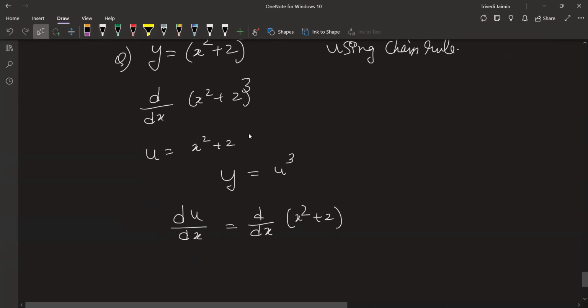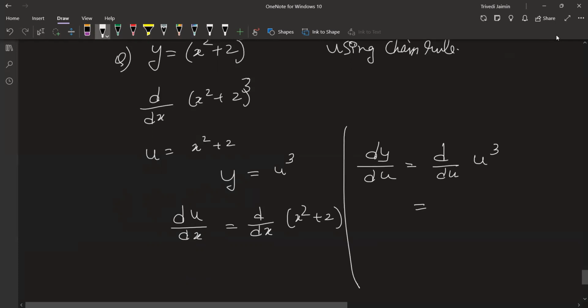And separately we'll differentiate dy by du, means d by du of u cube, not square, u cube. These are separate things. If we differentiate this one, it will be 3u square.